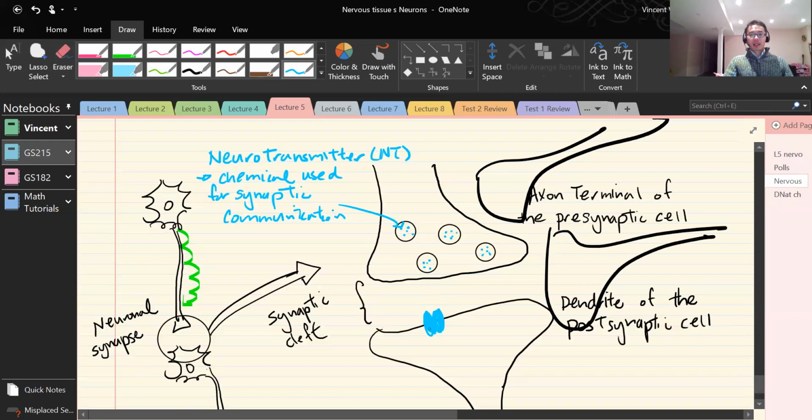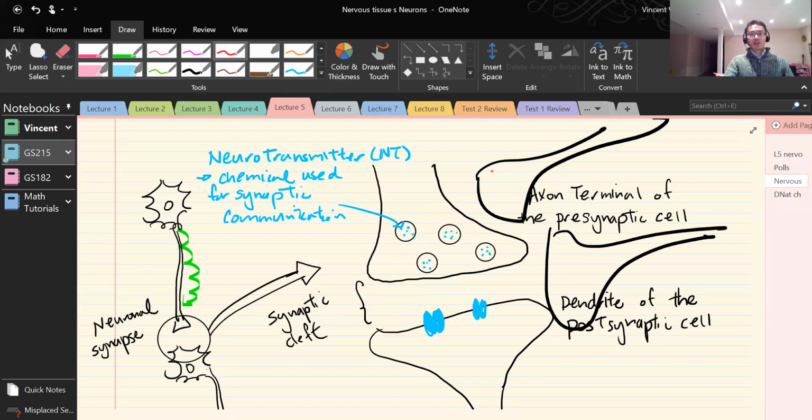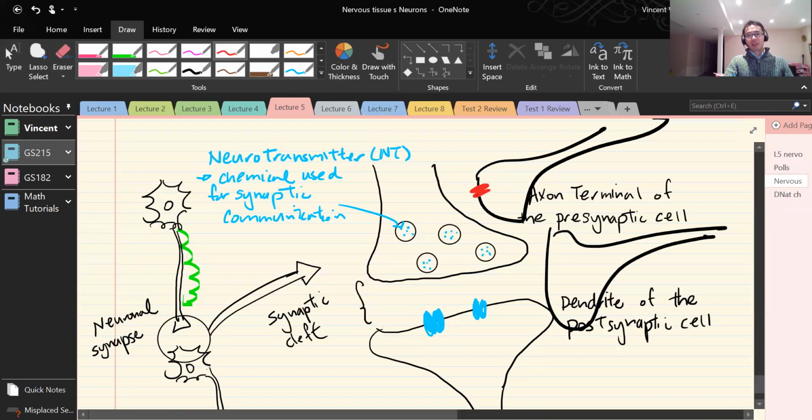If these are blue neurotransmitters, so to speak, you will need a blue receptor. Over here you might have another neuron that only has a red receptor, so it will not respond to the blue neurotransmitters. You might have another one here with blue receptors, and this will respond to the blue neurotransmitters, but not that one.